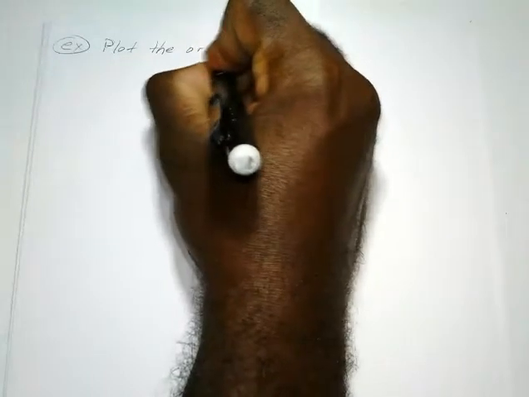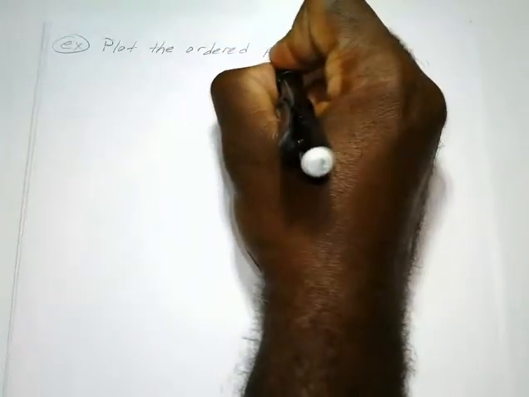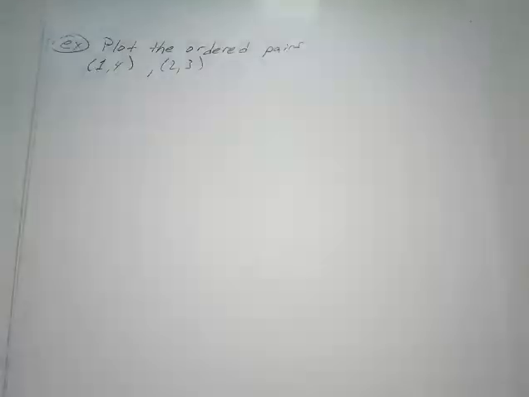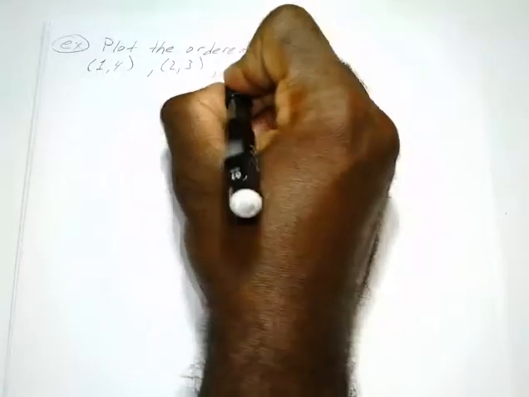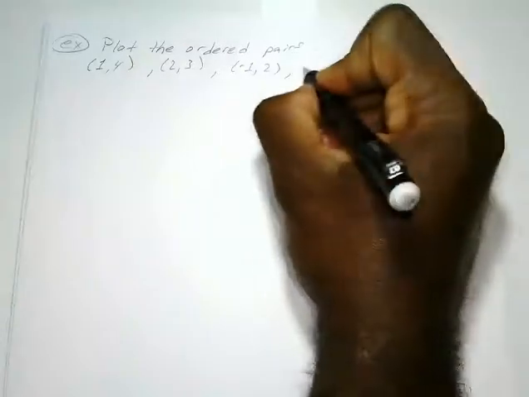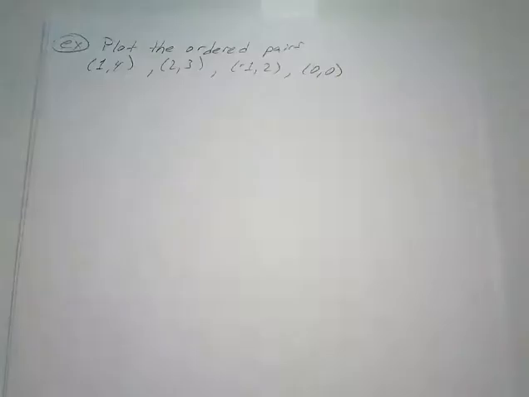Okay, so let's say, for example, we want to plot the ordered pairs. Let's say you have 1, 4, you have 2, 3. Let's say you have -1, 2, and you have 0, 0.